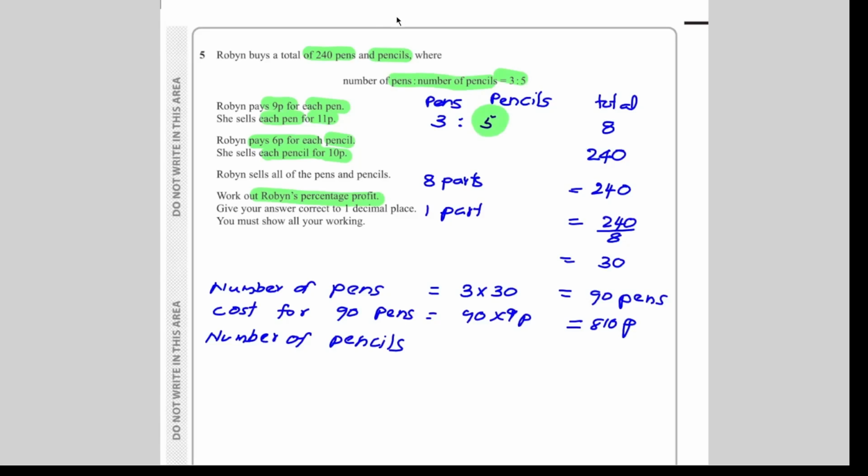Then I need to get one part here, 30. So for 5 parts, 5 into 30, because 30 objects are represented by one part. Then 30 into 5 gives out 150. 5 times 0, 5 times 3, 15. 150 pencils are there.